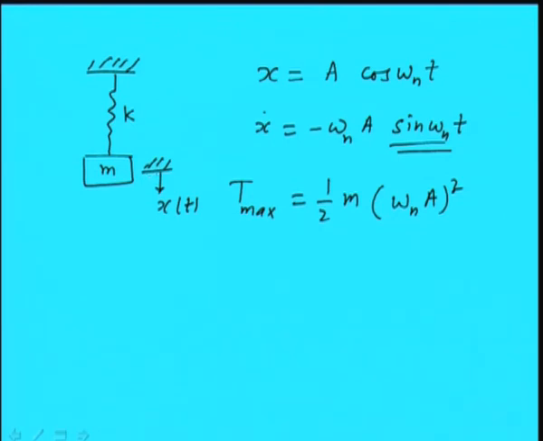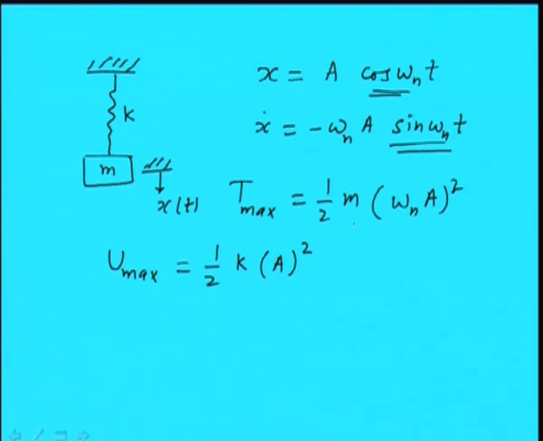This particular kinetic energy will be at the static equilibrium position, and maximum potential energy will be at the extreme position when the spring is having maximum extension. Maximum displacement will be when this quantity is unity, that means capital A square. So, we got the maximum potential energy and maximum kinetic energy.